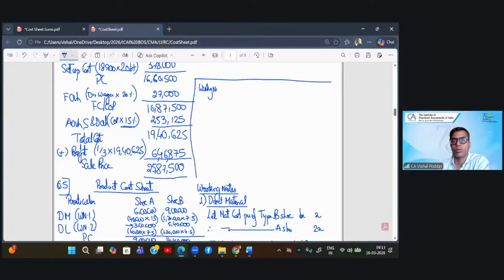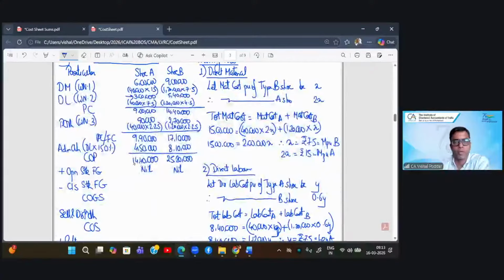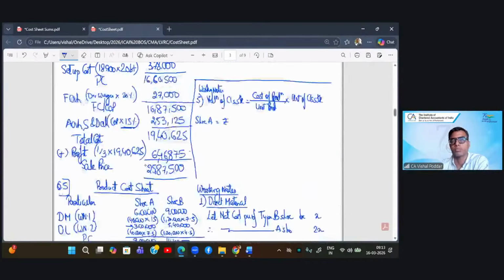So working note 5. Valuation of closing stock. Now, how do you value closing stock? You take your cost of production, you divide it by units produced, multiplied by units of closing stock. So we do it for first type, that is shoe A. How much is my cost of production of shoe A? It is 1440, correct?